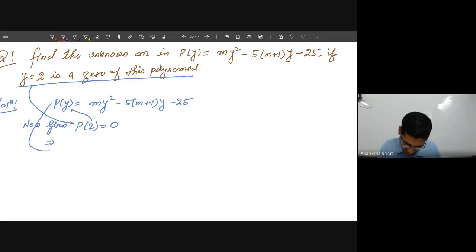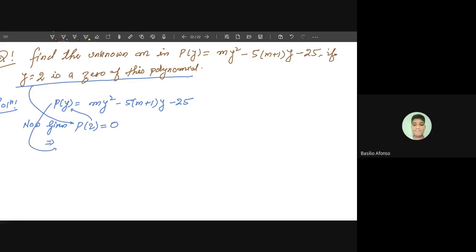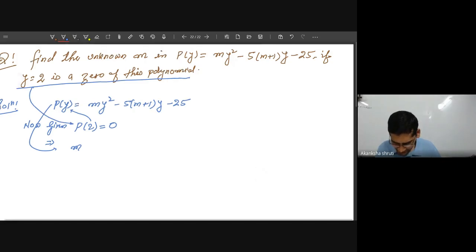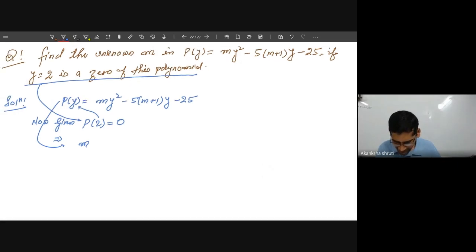So rewriting it: wherever m is, you have to keep the m, but wherever y is, at those places you have to substitute 2. So m into 2 square minus 5m plus 1 into 2 minus 25.